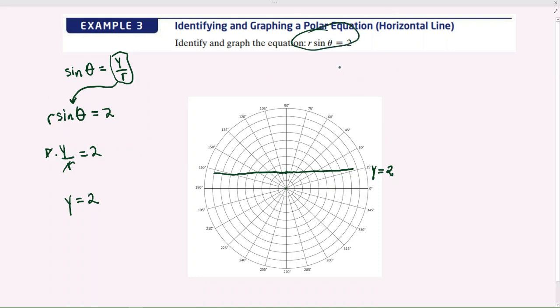Now let's just remember that we've got a definition that y is equal to r times sine theta. So I can really just substitute y for r sine theta. So y is equal to 2.